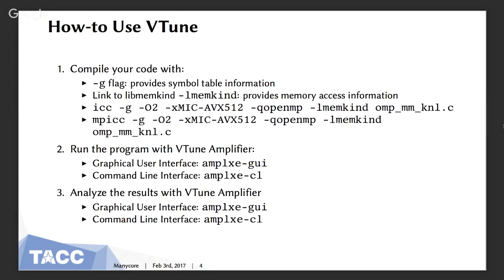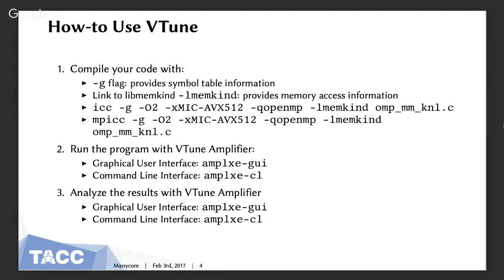So I can compile with icc -g, and so on, and at the end is the name of my executable. Or I could compile with mpicc and -g, and it'll give me the same kind of capability.